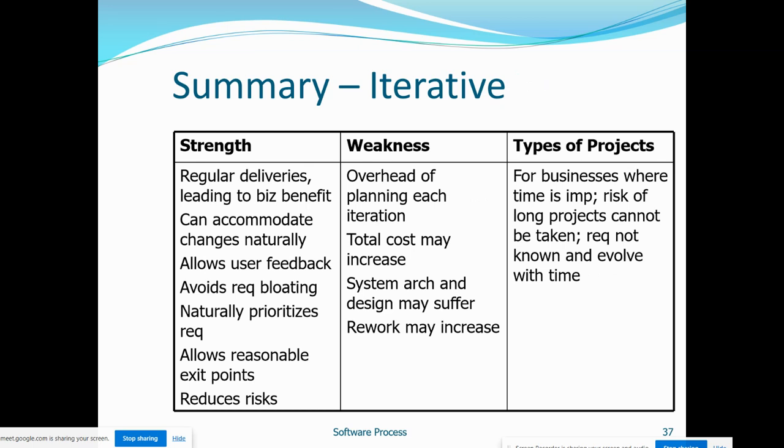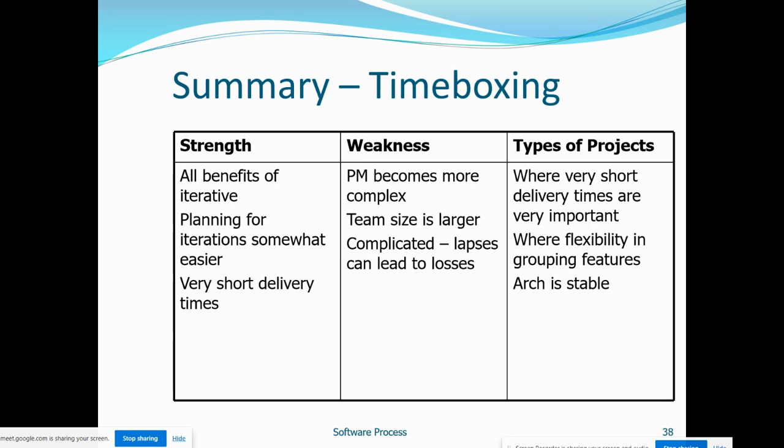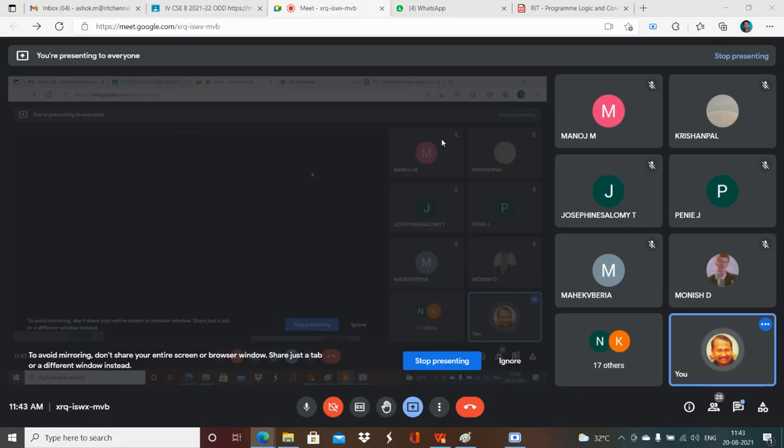User interaction is the main point here, as well as the process of verification and validation, which will fine tune this iterative model. Time boxing will work with deadlines along with the features of the iterative model. That's the discussion. If you have any clarifications, you can raise them.